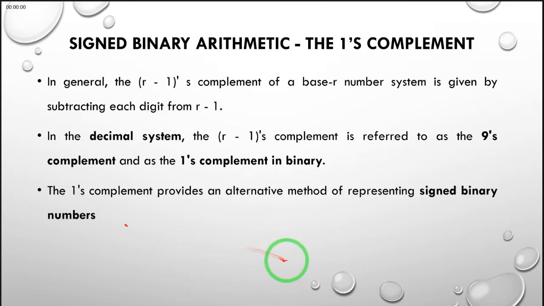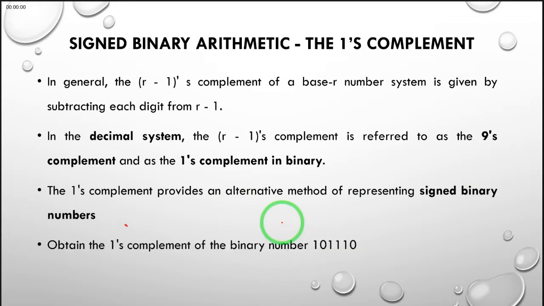So the 1's complement provides an alternative method of representing binary numbers. If we do a very quick example, we want to obtain the 1's complement of 10111. As I have said, you take all 1's equivalent to the digits that you have, which are 5 in this case, and then you subtract.